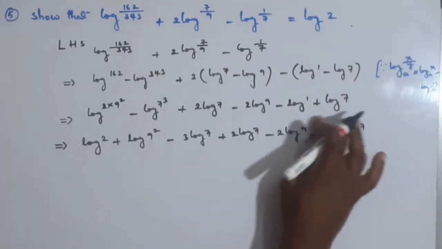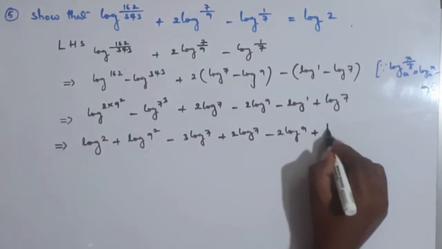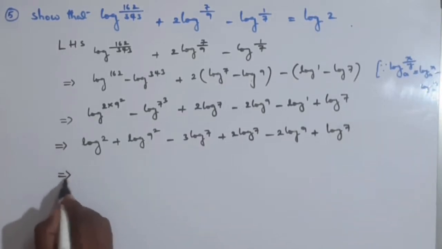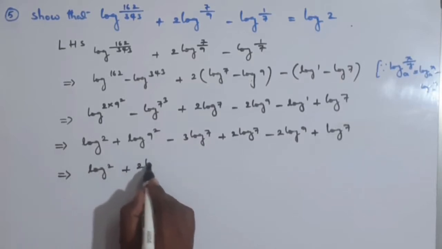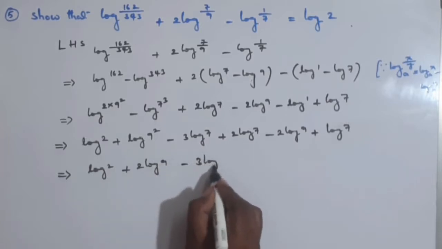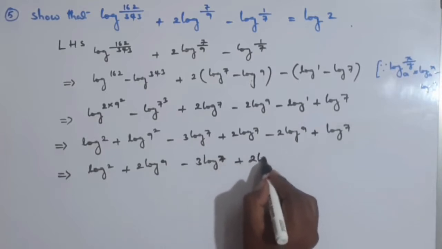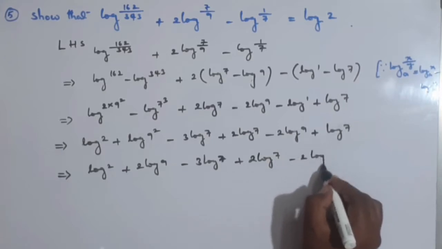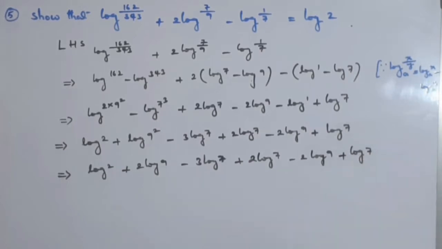Splitting further: log 2 plus 2 of log base 10 to 9 minus 3 of log base 10 to 7, plus 2 of log base 10 to 7 minus 2 of log base 10 to 9, plus log base 10 to 7.